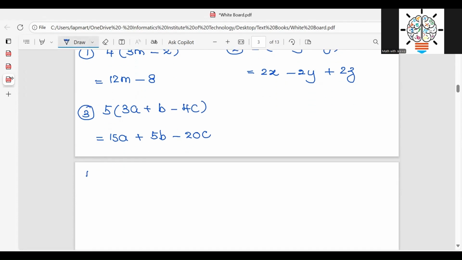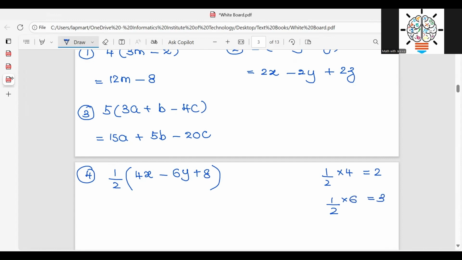So then question number 4. Half times 4x minus 6x. Sorry, 6y. Minus 6y plus 8. What I do, half times 4, the answer is 2. Half times 6, the answer is 3.